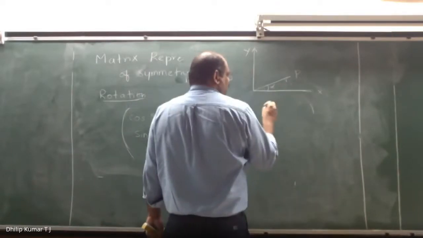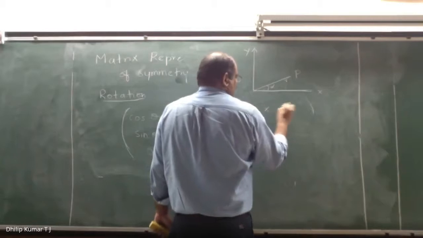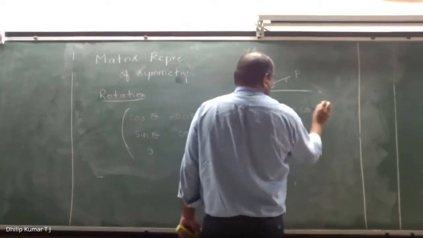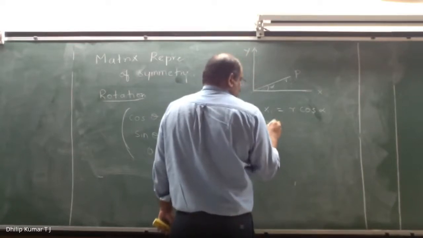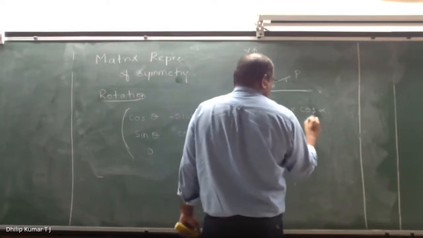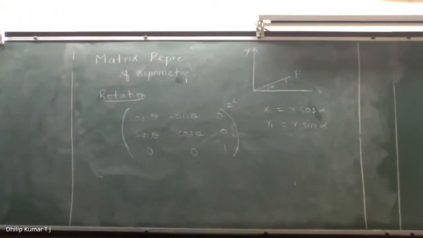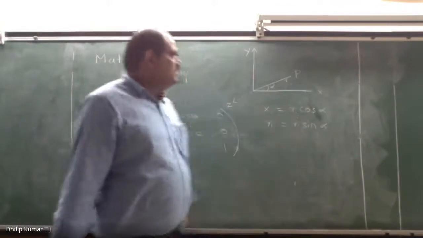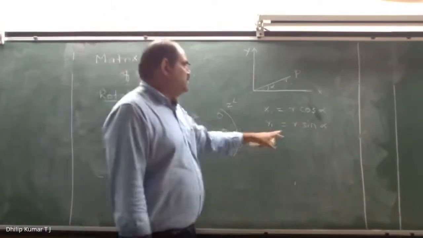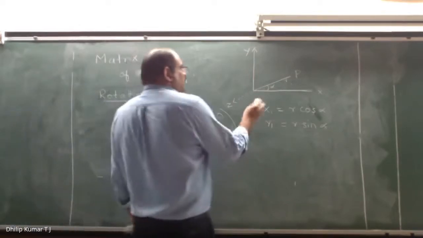So you can write x1 as R cos alpha, and then y1 as R sin alpha. For the given point P, I'm writing x1 as R cos alpha and y1 as R sin alpha.